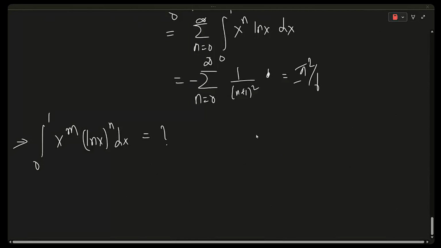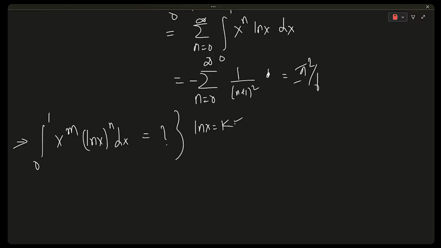Are you sure, Libby? Sir, I don't know whether it is the simplest way or not, but I have taken ln x to be k. Well, k is a very weird choice because it is usually a constant. Okay, I think you should take it as minus k, but I think you're going in the right direction. And then, sir, dx by x is equal to k dk.